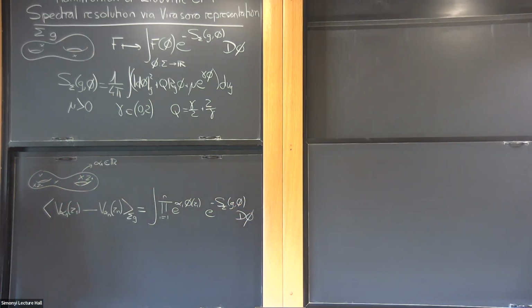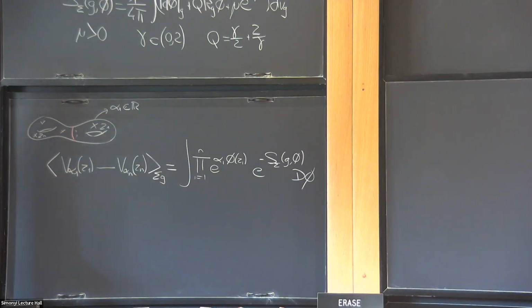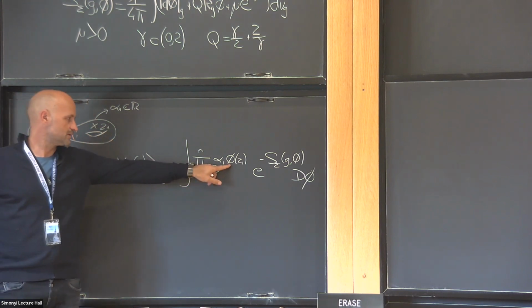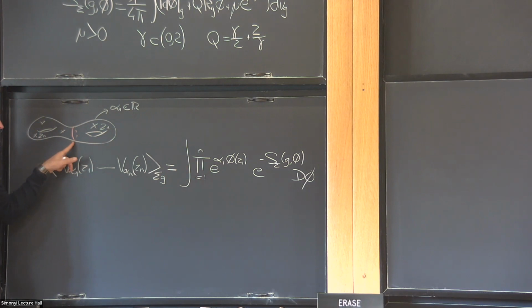Okay. And the philosophy, so in the next talk, Colin will talk about amplitudes. So basically the amplitudes are, you will decompose your surface into pairs of pants. So you will make some cuts on the surface to split your manifold into pairs of pants. And you will restrict this path integral to, say, this part of the manifold, with the field being integrated here being conditioned on taking some boundary values along this circle.